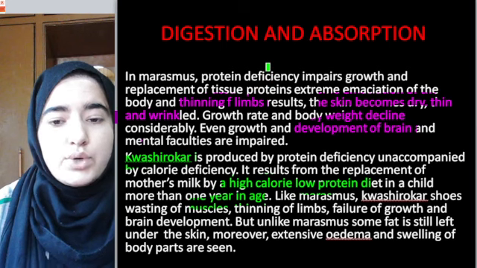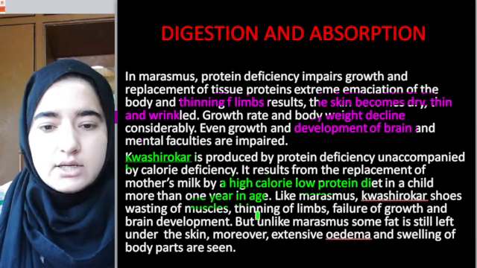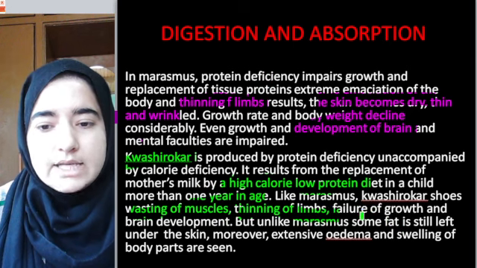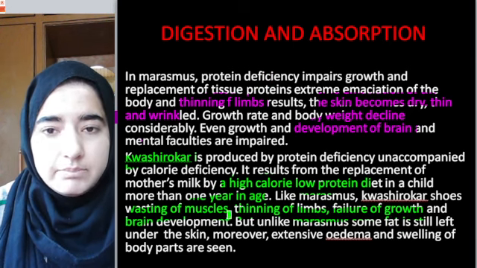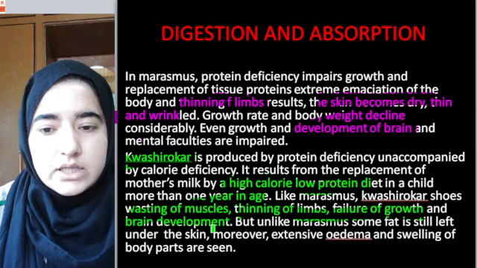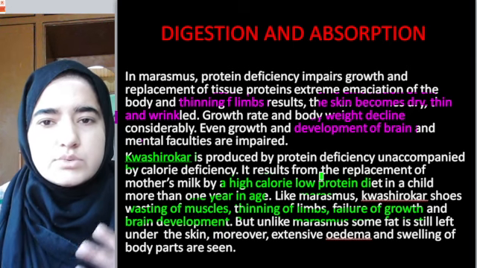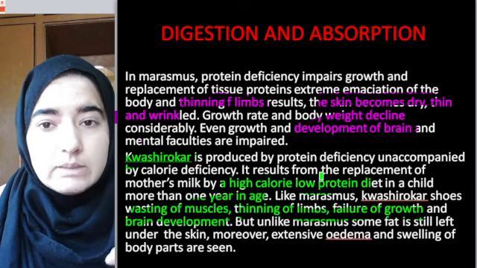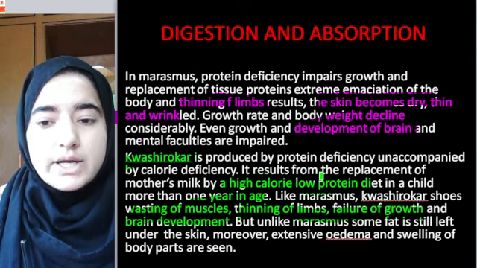Marasmus occurs at less than 1 year of age. In kwashiorkor, wasting of muscles takes place, thinning of limbs, failure of growth, and brain development does not take place properly. But in marasmus, there is thinning of skin, thinning of limbs, and so on.